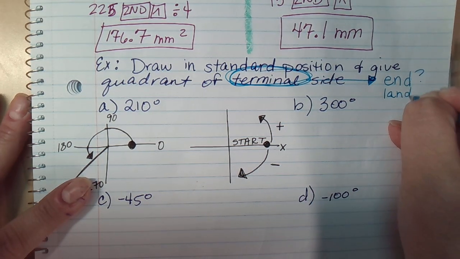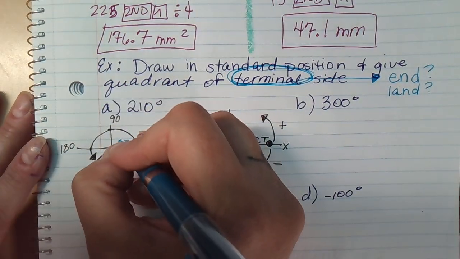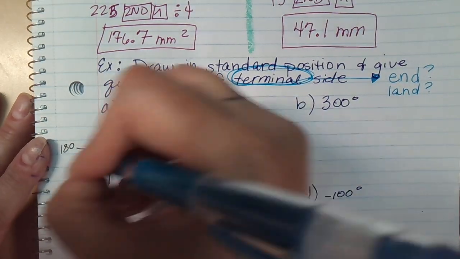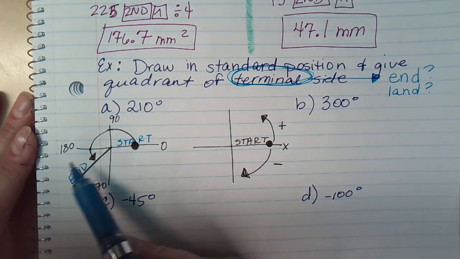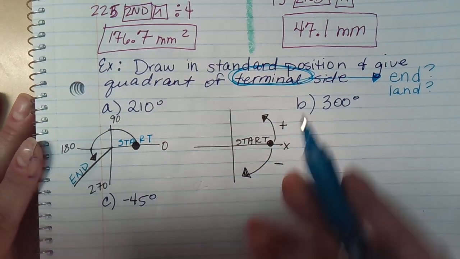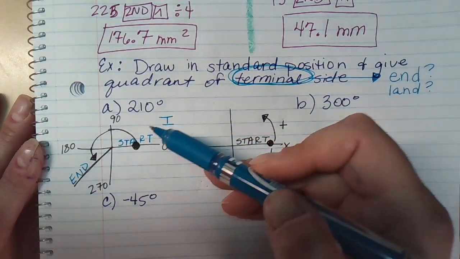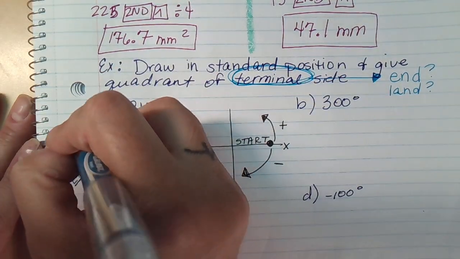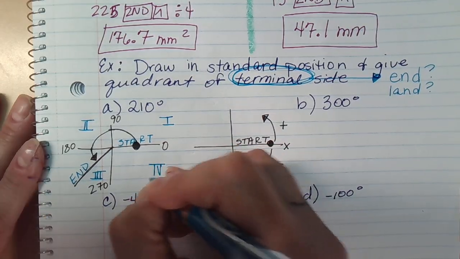That's what terminal means. Okay, so I started on the positive x-axis. I ended over here. What quadrant is this in? Well, we say 1 is that top right, 2, then 3, then 4 is IV.